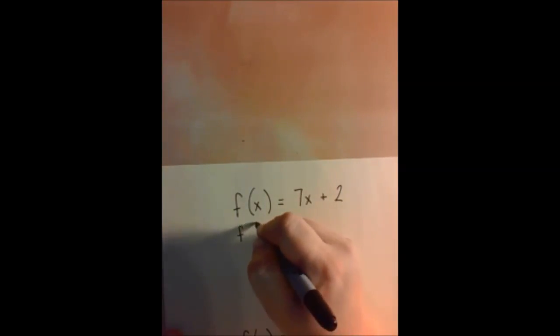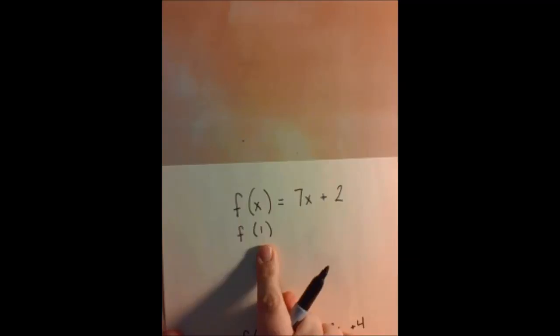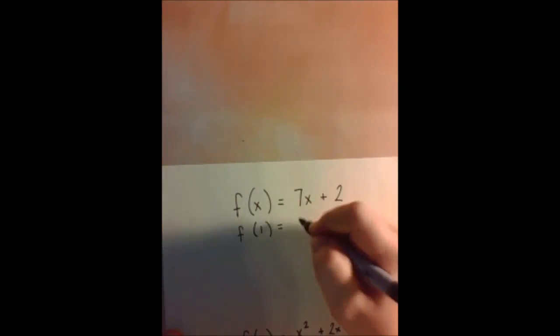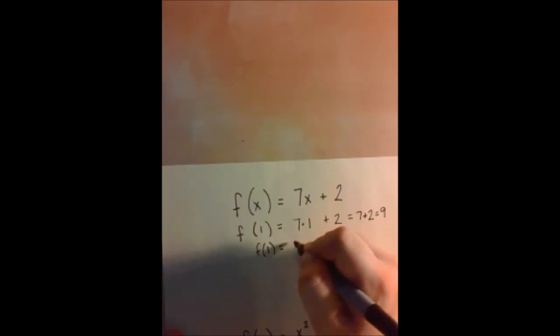We write f of, and then whatever number you want to plug in. Let's say it's 1. So this would be read, f of 1 equals, and I'm just going to plug 1 in for x, and go ahead and get a number. That'd be 7 plus 2, which is 9. So you would write f of 1 equals 9.